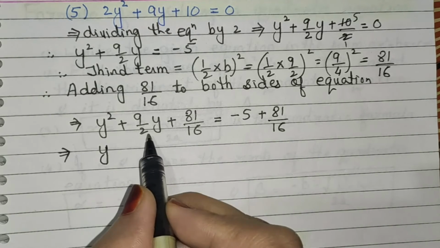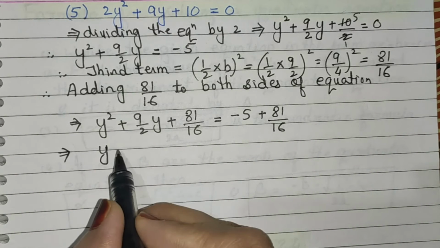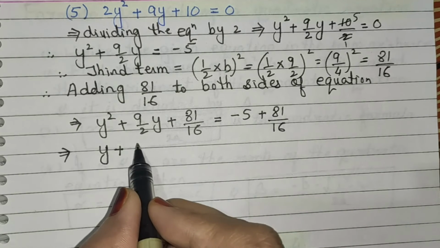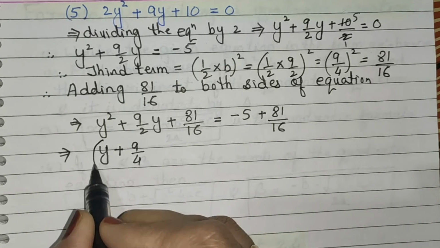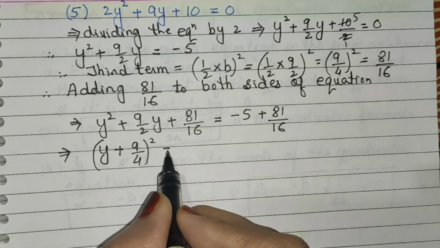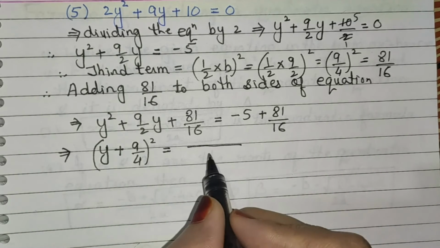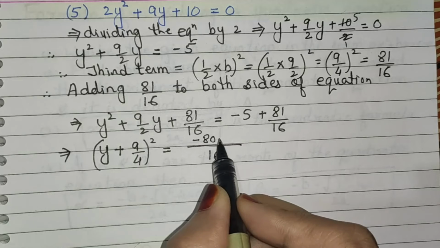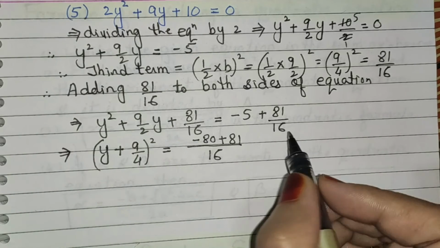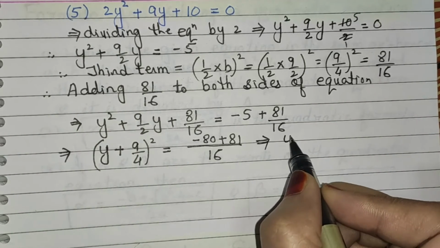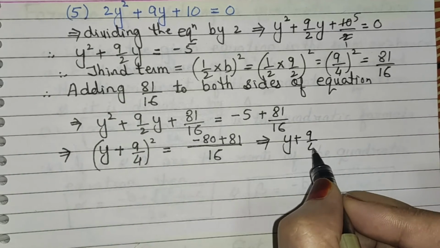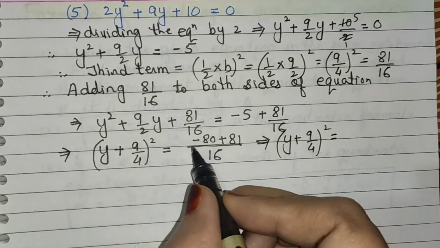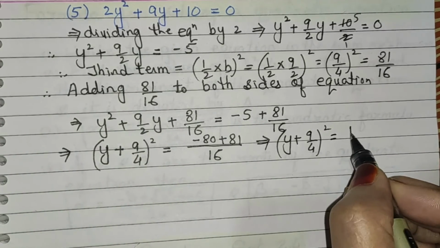We write here y, take the sign of the middle term plus, then square root of the third term, means 9 upon 4 whole square is equal to, take the LCM 16, minus 80 plus 81. Now we get y plus 9 upon 4 whole square is equal to minus 80 plus 81 means 1 upon 16.